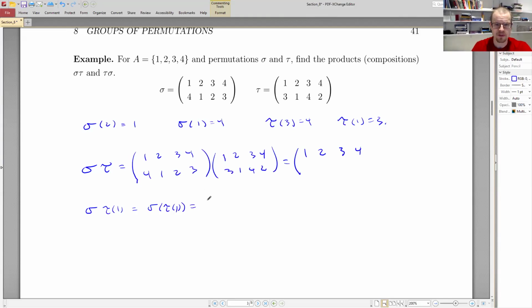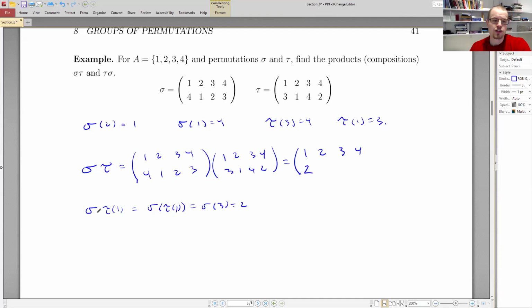Now, tau of 1 is 3. Sigma of 3 is 2. So I can just write 2 right there.